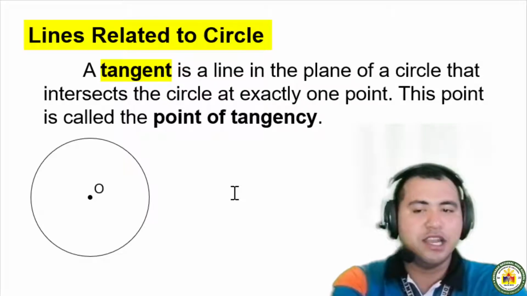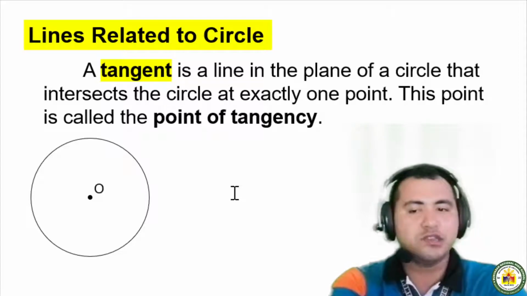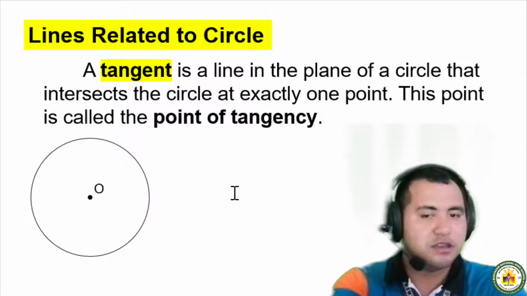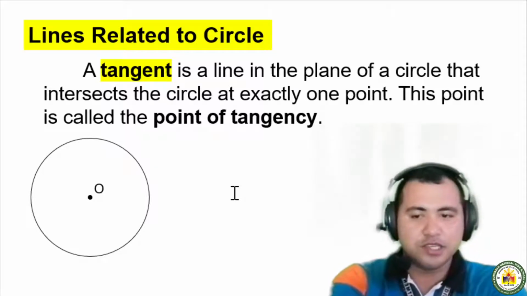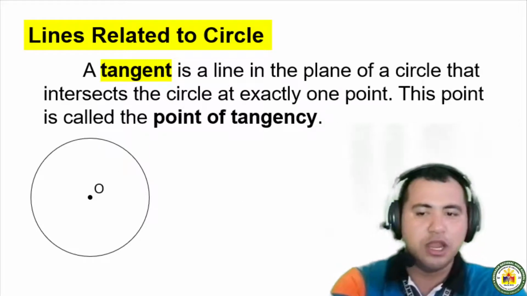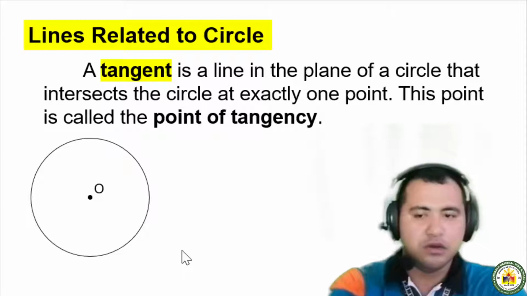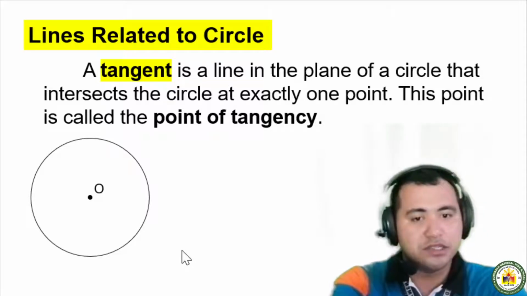A tangent is a line in a plane of a circle that intersects the circle at exactly one point. And this point is called the point of tangency. Okay. Based on the illustration, we have circle O. So if we are going to draw a line that intersects circle O at exactly one point, that line will be called a tangent.